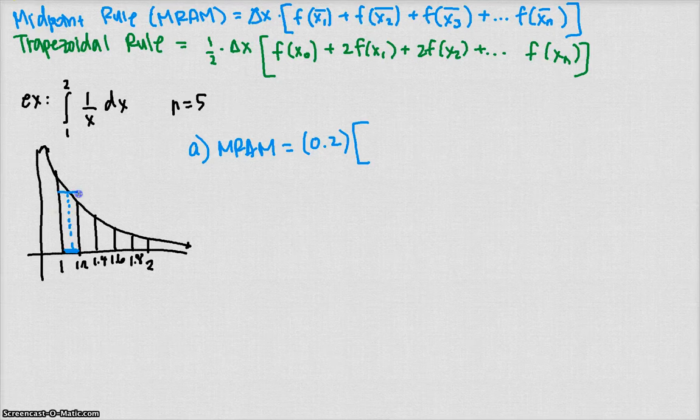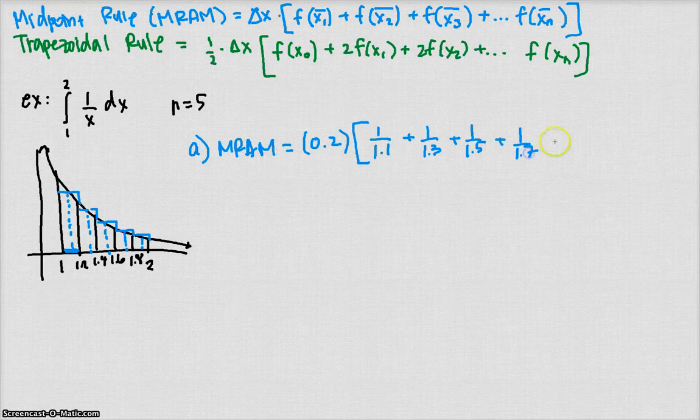So it's going to be f of 1.1, f of 1.3, f of 1.5, f of 1.7, and f of 1.9. So it'll be 1 over 1.1, 1 over 1.3, 1 over 1.5, 1 over 1.7, and 1 over 1.9.